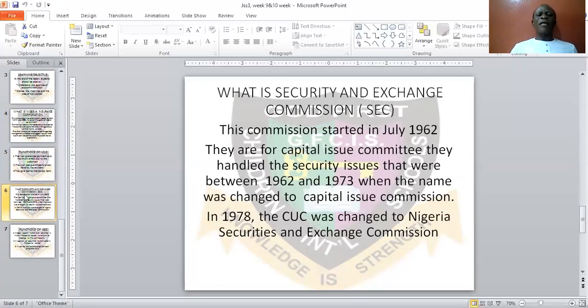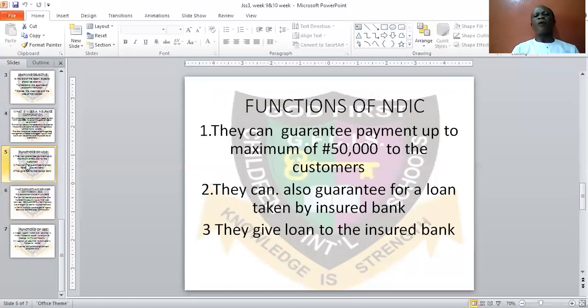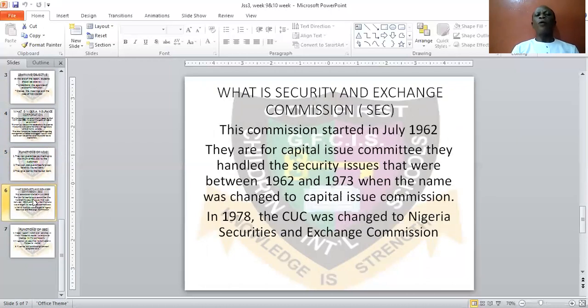And in 1978, it was changed to Nigeria Security and Exchange Commission. Do not forget. I move furthermore to tell you about the functions of the NDIC, then that of SEC, that is Security and Exchange Commission.